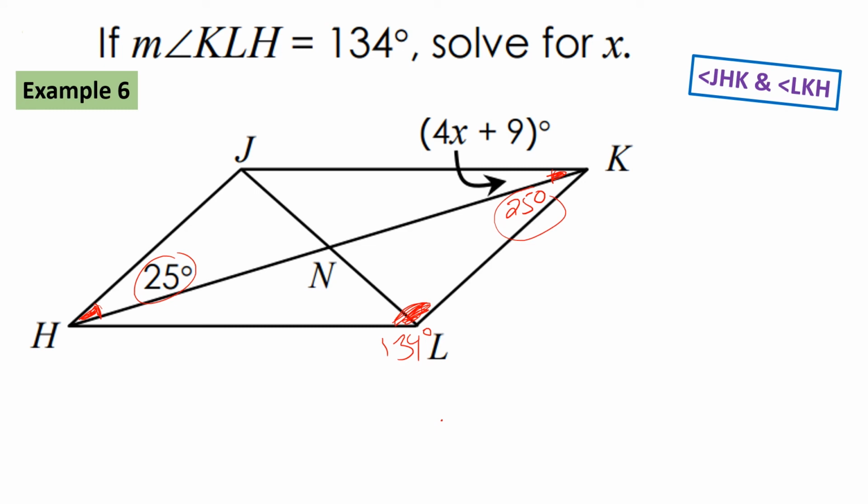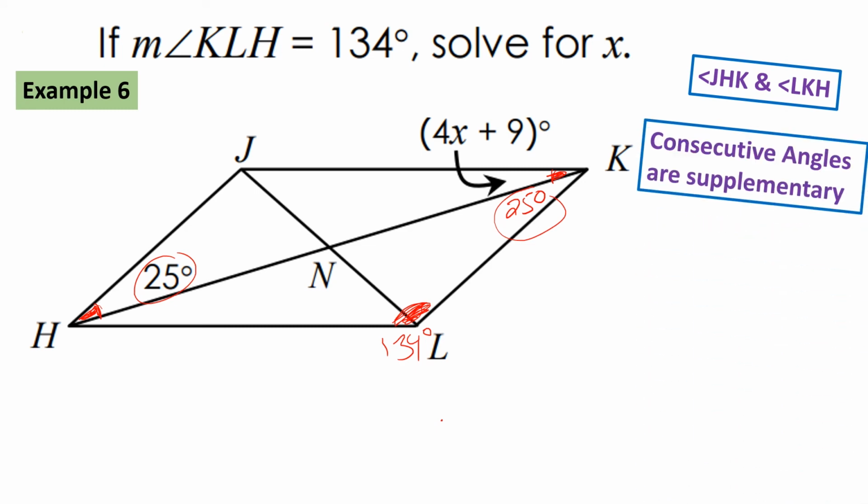So now I can use my knowledge of consecutive angles. Consecutive angles are supplementary, so angles JKL and KLH. So these 2 here, let me label them, putting it in purple.